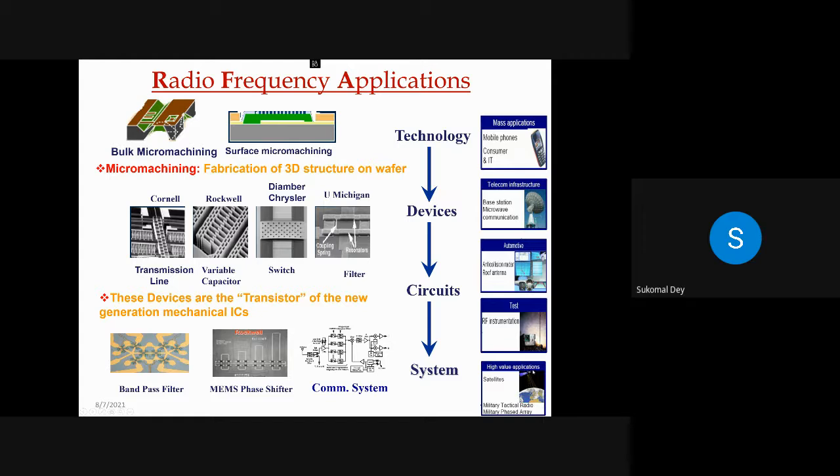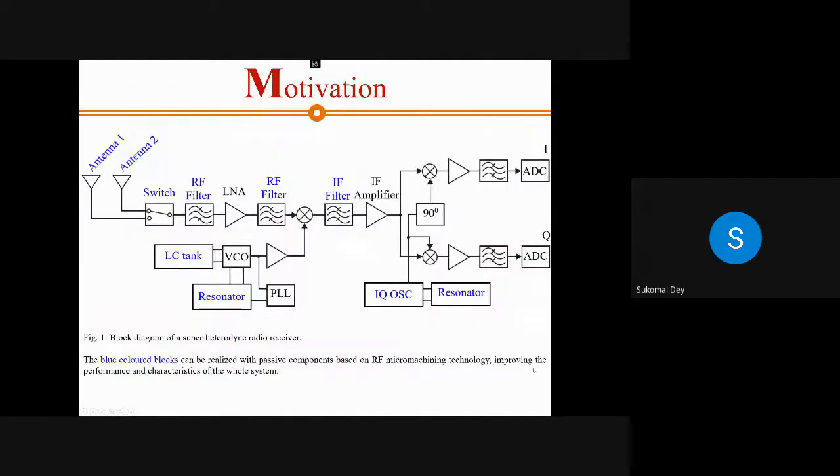In addition to that, if you look at any superheterodyne type receiver, I know that the superheterodyne receiver is very well known to every electronics and electrical engineer whenever you first study communications. In the architecture, you can find there is an antenna. Then after getting the signals, you have a switch. Then you have a filter followed by a low noise amplifier, again a filter. This is the entire architecture, and finally you get in-phase and out-of-phase components after the ADC.